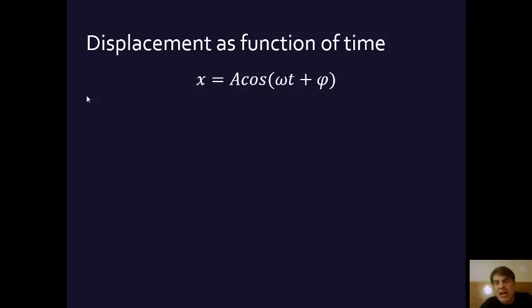Where does this second letter, phi, come from in this formula? Well, phi is what is called a phase angle. So if the spring starts at 0, then we would say that the phase angle is 0. But what if we're measuring the displacement from some other point, maybe where it's already stretched a little or compressed a little?